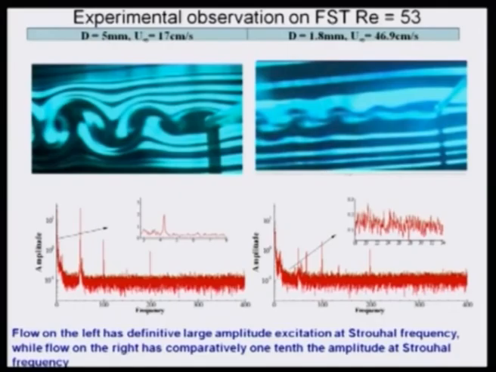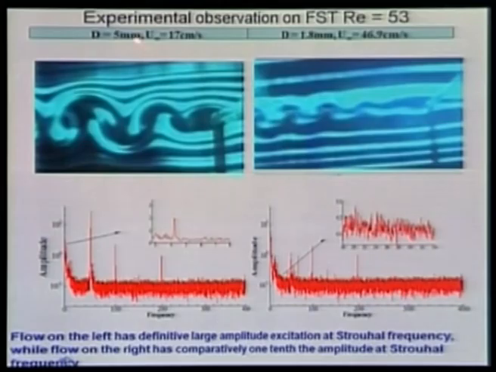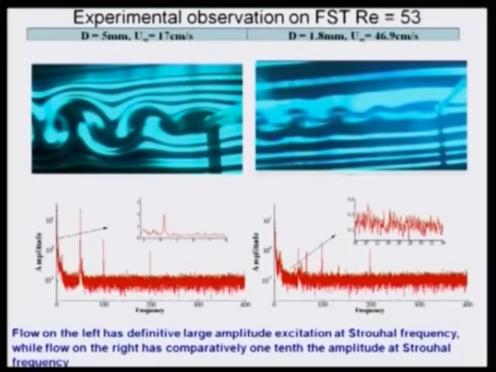For this, we have used a 5 millimeter diameter cylinder, and the speed in the wind tunnel is kept at 17 centimeter per second. That gives you a Reynolds number of 53. And in this case, we take a thinner cylinder of diameter 1.8 mm, and the speed is raised to about 47 centimeter per second. So, what happens? Why are these two flows so different? We are working in the same tunnel, we are using the same similarity parameter of Reynolds number.